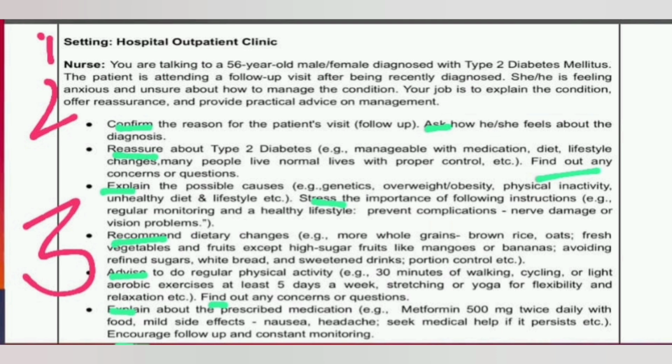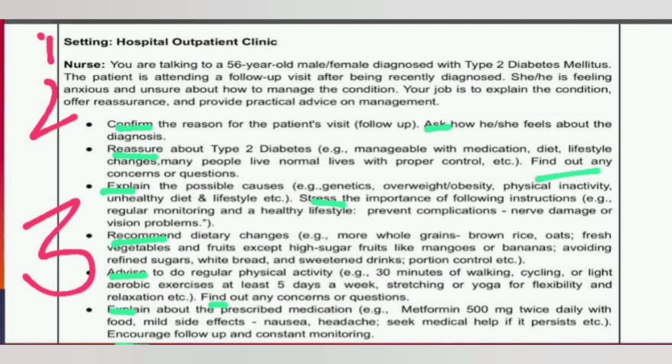So we have to start our speaking role play as: good evening. My name is Raman Gill and I am one of the registered nurses working in this hospital outpatient clinic. So see friends, here first of all we have to greet the patient or bystander.